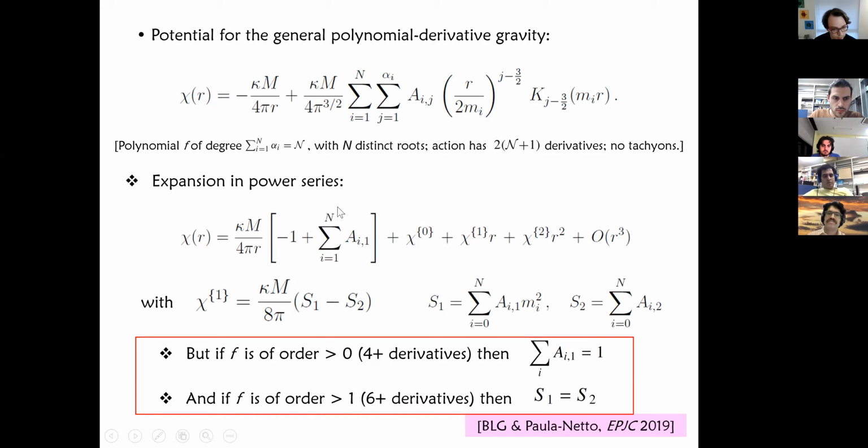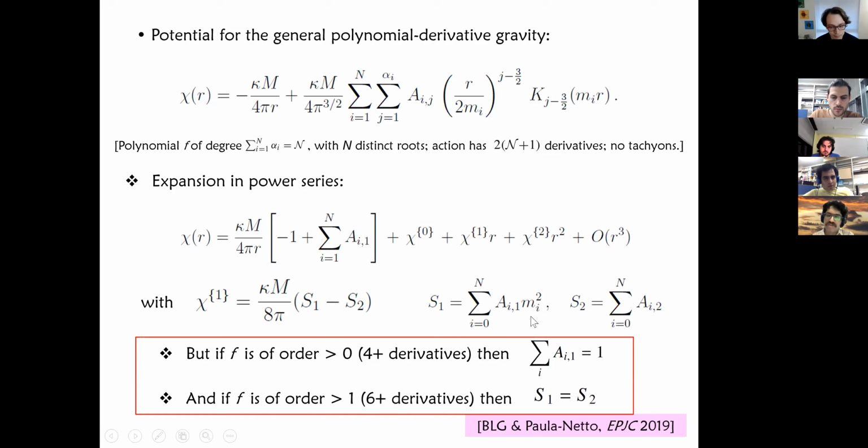And it is interesting, here is the coefficient of the term linear in R. It is written here. It depends on a specific combination of the masses of the roots of the polynomials.